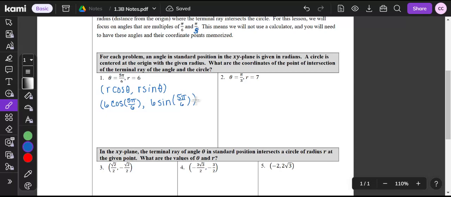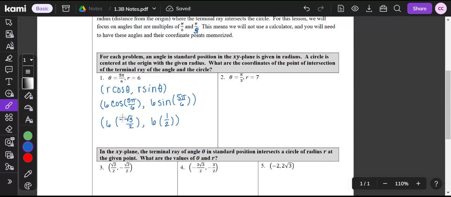So I can set this problem up like this. And now it's just a matter of remembering what cosine of 5 pi over 6 is and sine of 5 pi over 6 is. So if you have your unit circle memorized, great. If not, you might want to take a look at a unit circle. I know the cosine of 5 pi over 6 is negative root 3 over 2. And then I know the sine of 5 pi over 6 is 1/2.